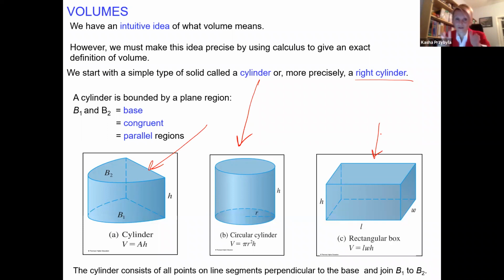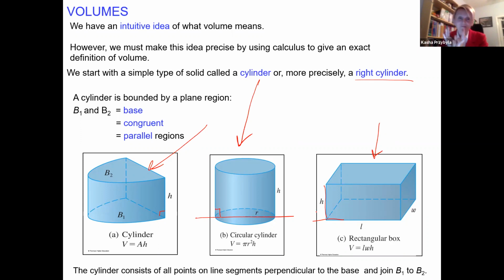When we connect the sides from the top and the bottom, they always have to be perpendicular, a right angle between the base, let's say the floor, and the sides. That's actually a cylinder: congruent bases and perpendicular sides.